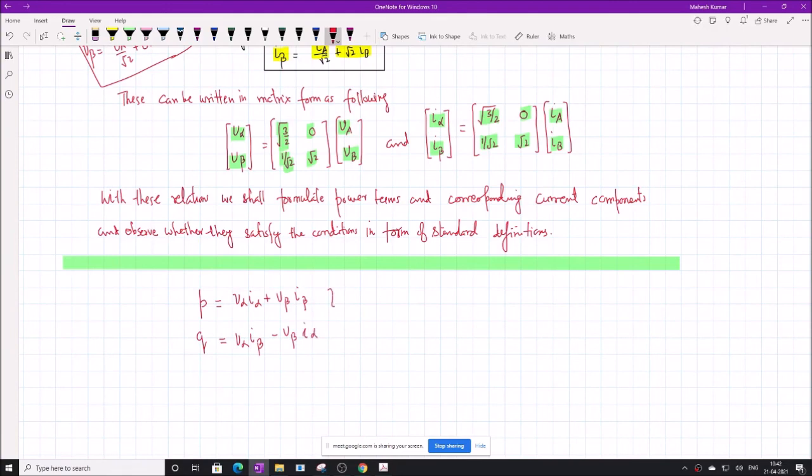Or this can be expressed in form of the matrix, that P and Q here equal to, the matrix is V alpha here, this is V beta, and this is minus V beta and V alpha. So this into, here is I alpha and I beta. So all 3 by 3 relations are now transformed into 2 by 2 matrix.